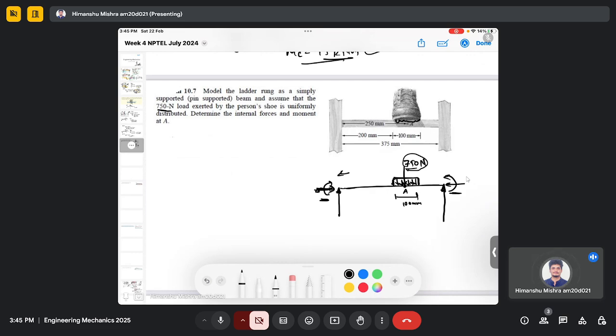So this will be 0.25 meter, and this is 0.2 meter from here, and overall it's 0.375 meter.